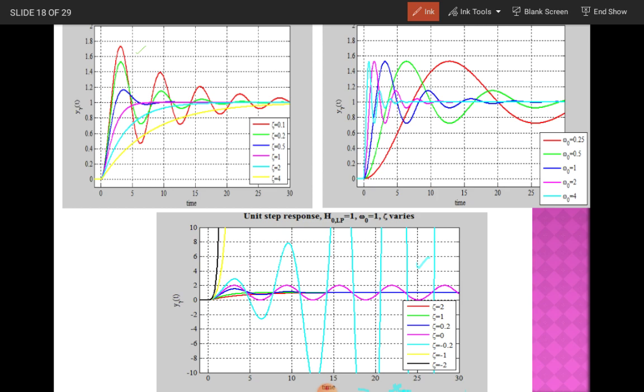In some cases it may become out of control, that is, the magnitude goes on increasing beyond our control. So we have to properly control the delta value in order to get the system response within our desired value. And also by varying the omega n value, the magnitude is the same, but the frequency of the oscillations varies. So this is a graph of a second order system response for various values of omega.